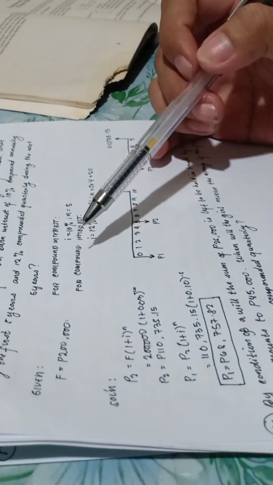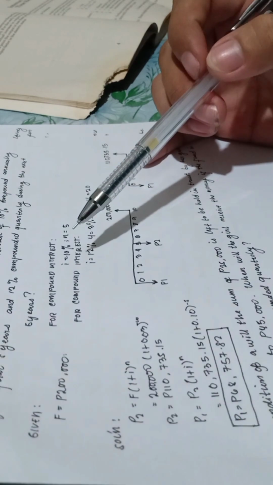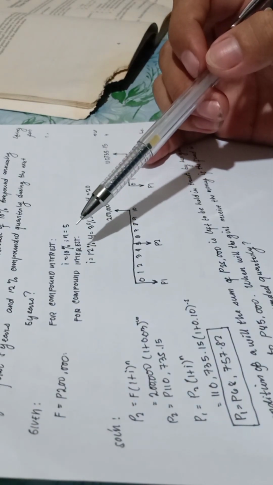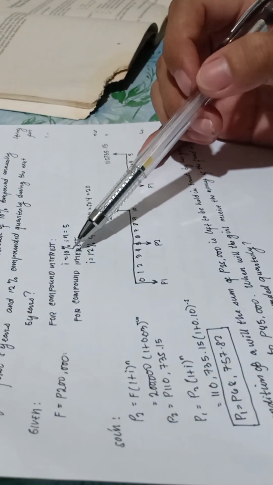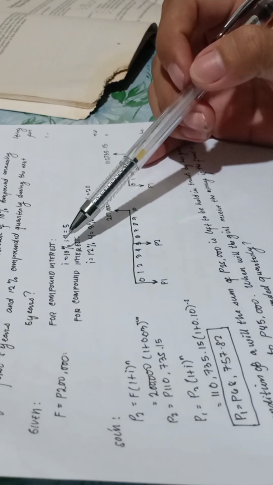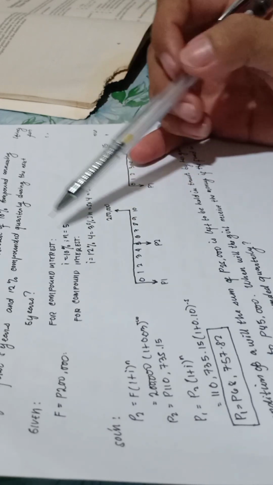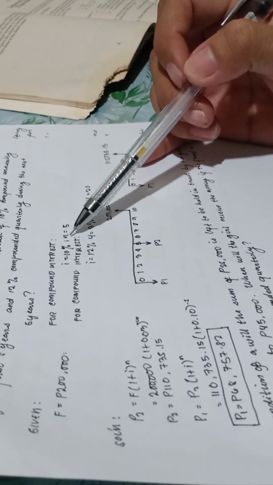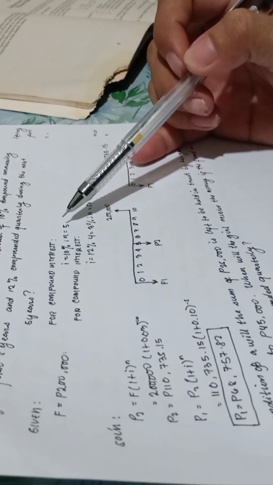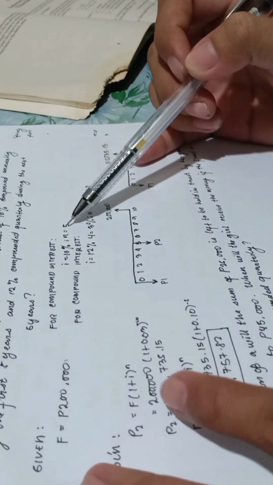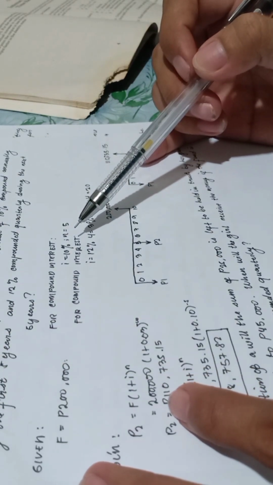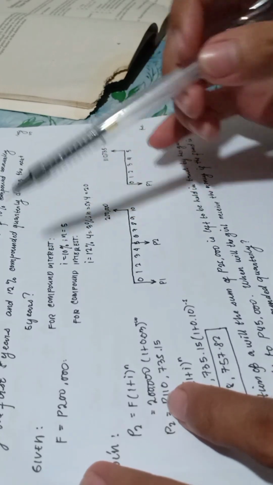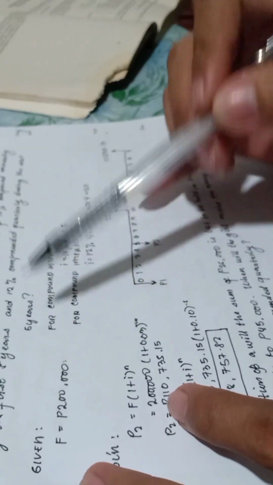Then for compound interest, our rate of interest per interest period is equal to 10% compounded annually, and n is equal to 5. So this is our number of interest periods, meaning during the first 5 years.